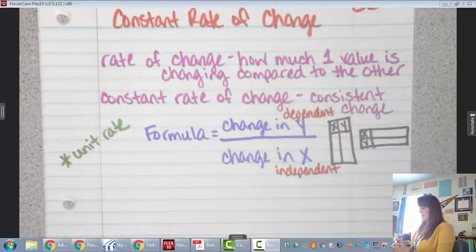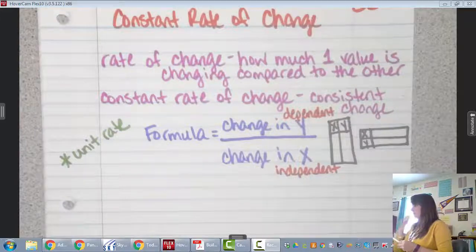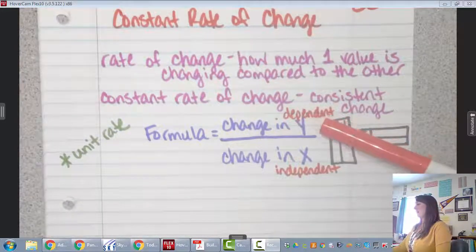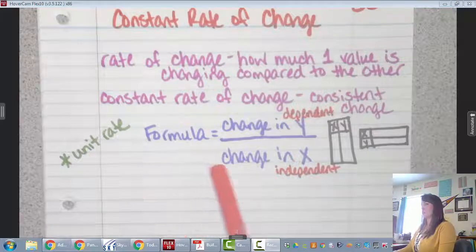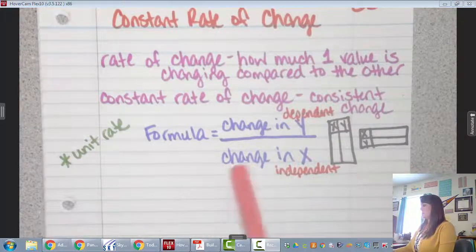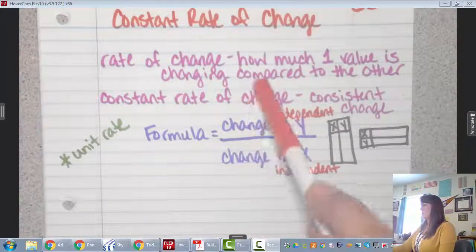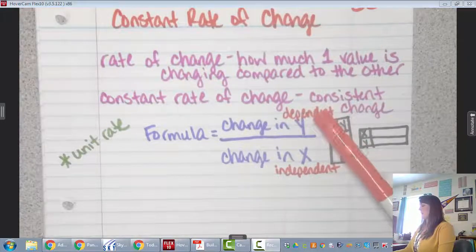To tie that into science, when you're talking about your labs, like if you're tracking how much a plant grows, time, you can't decide. So that's on the x-axis. That's going to go across the bar. And then you're going to track how much your plant grows over time. That's the y-axis.